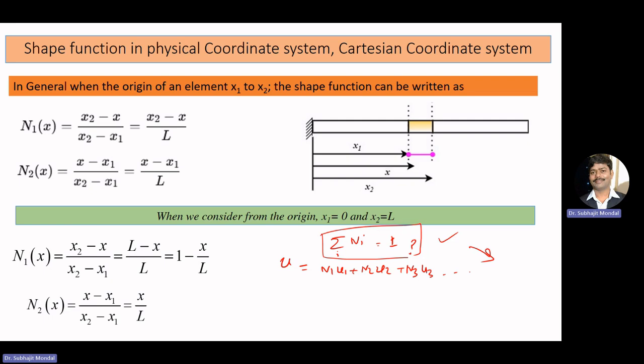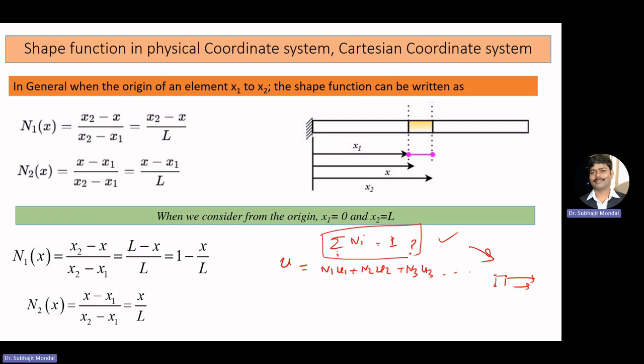Rigid body motion means all the nodes have the same amount of displacement. There is no relative displacement, all the nodes have the same displacement, and there is no strain and no stress also. So the element should have the capability to represent rigid body motion. That is one of the major important requirements of FEM: elements should have the property to represent rigid body motion in certain circumstances.